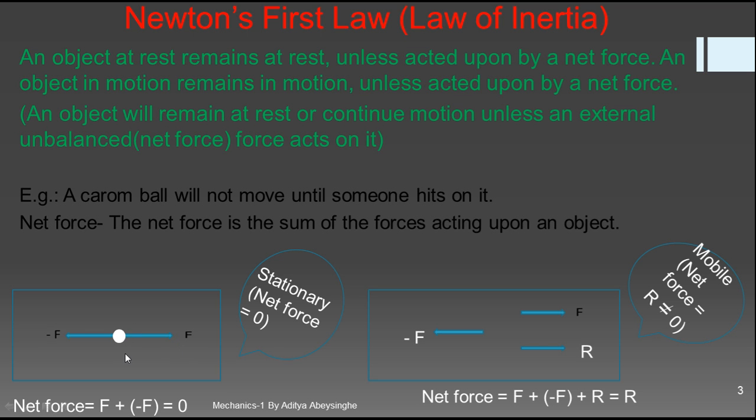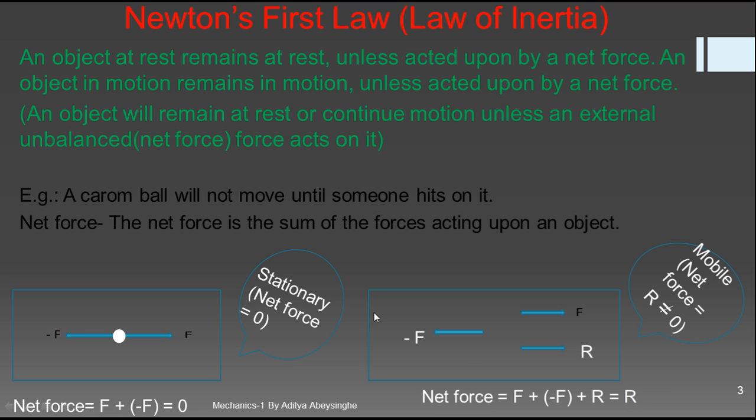So the net, or resultant, force is F minus F, which is 0, as we calculated here, plus R, which makes a total force of R. When the total force is R, the net force is not equal to 0, so the object becomes mobile, or moves in some direction.